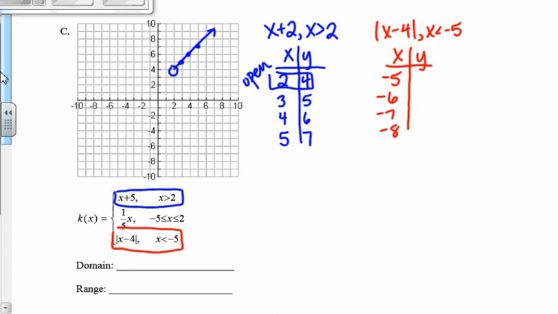And we're going to plug them into our equation. So if I plug in a -5, I get the absolute value of -9, which is 9. If I plug in a -6, I get the absolute value of -10, which is 10. Then that would be 11 and 12. And again, thinking about that top point, because this doesn't have an equal to part to the inequality, it would be an open point at -5, 9.